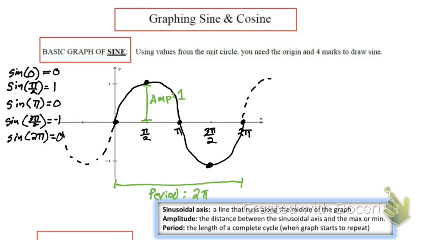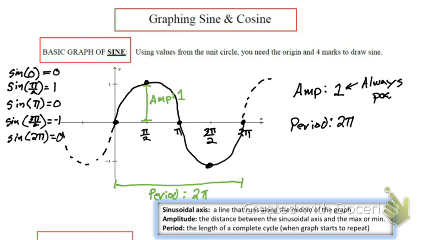Now, when you're doing your homework, you're going to put all those facts off to the side. So our amplitude is 1. Remember, that is always positive. The period, in this case, is 2 pi.